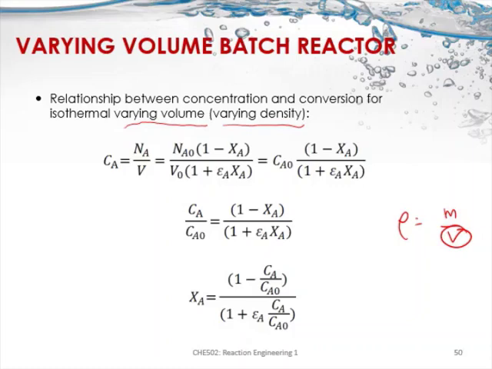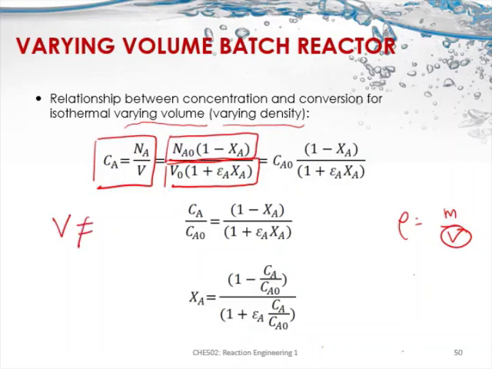For this equation, I believe it is common: concentration is equal to NA, number of moles, divided by volume. NA is given by NA0 times (1 minus X). Since it's a varying volume, your volume, for a batch reactor, is no longer the initial volume. So it is equivalent to this equation, and you may represent this term by CA0.